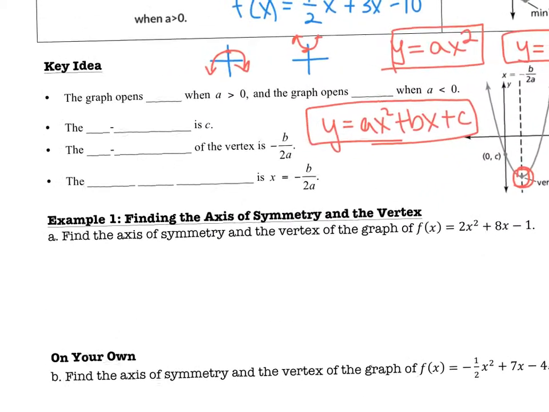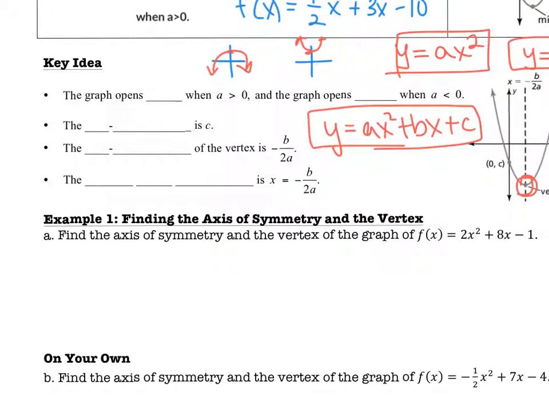So the graph opens where? Up or down when a is greater than 0? And the answer is it opens up when a is greater than 0. The graph opens down when a is less than 0, and we talked about this at the beginning of these notes. The blank is the c.